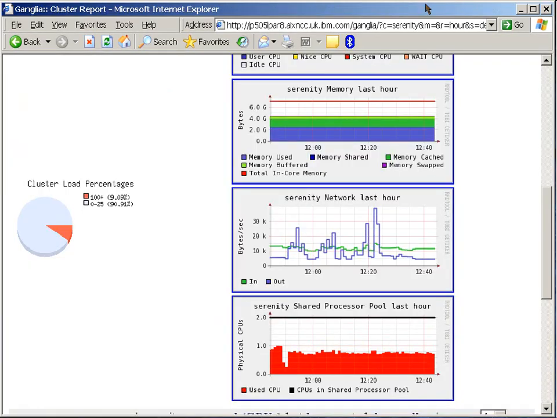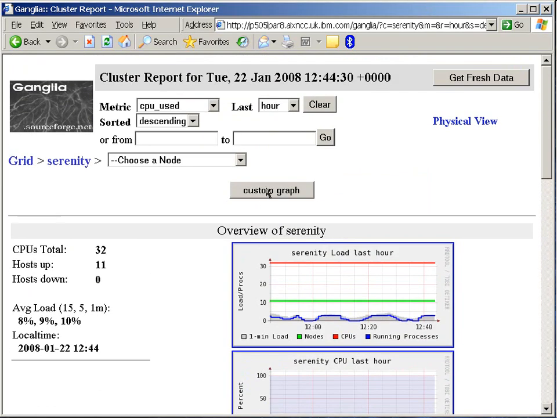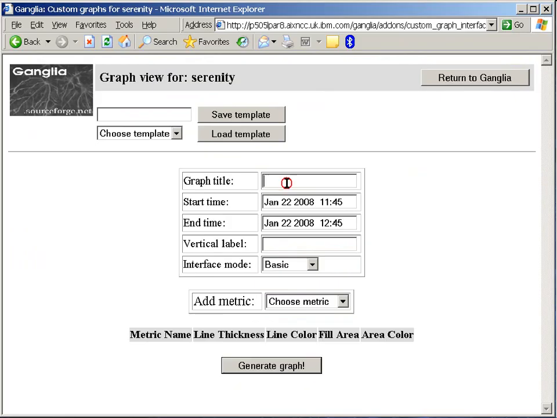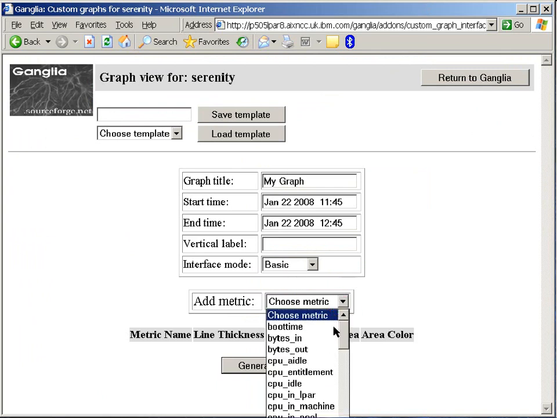Let's have a quick look now at another feature, an add-on of Ganglia called custom graphs. Here we see the graph here for network last hour, but we don't actually want to see that. We want to see what the overall I/O rate was through our network adapters. So if we go back up to the top here and hit custom graph, we can decide exactly what we want to look at. Give it a name, and we can choose what we like here.